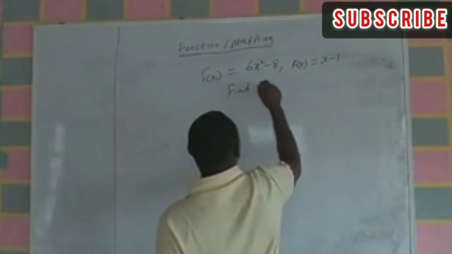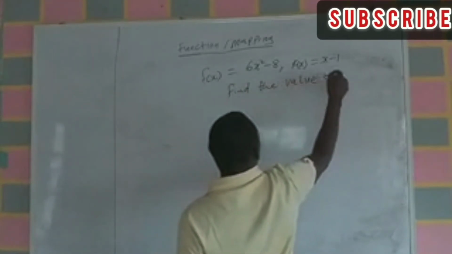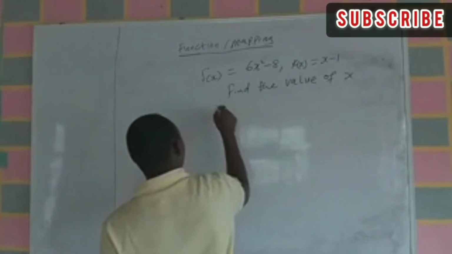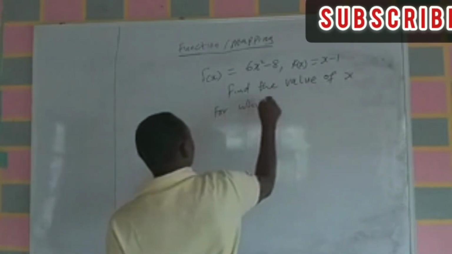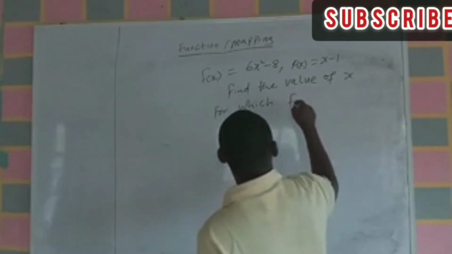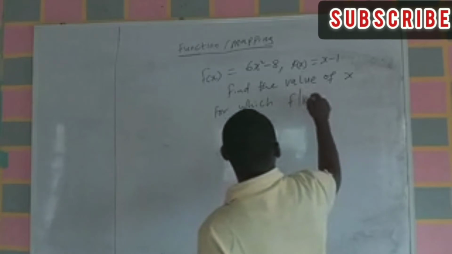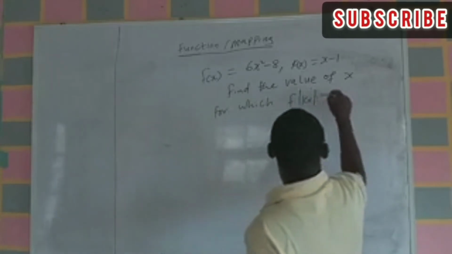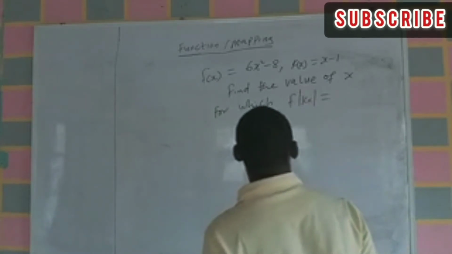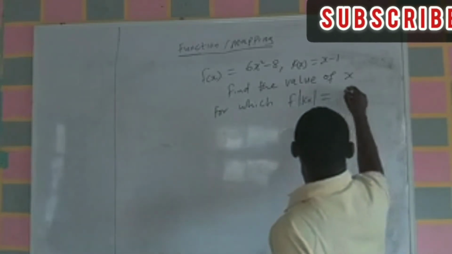Find the value of s for which f of k of s equals 3.